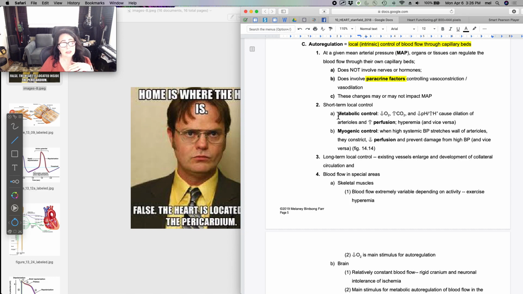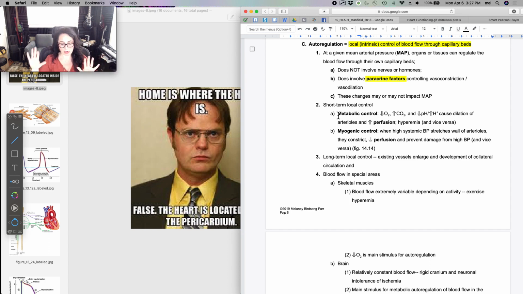And really the two reasons that I explained to you guys that it would do that is because the metabolic indicators from the tissue say I need more blood, in that I don't have enough oxygen, or I have too much carbon dioxide, or my pH is too low, or H+ is too high. So that's metabolic control.